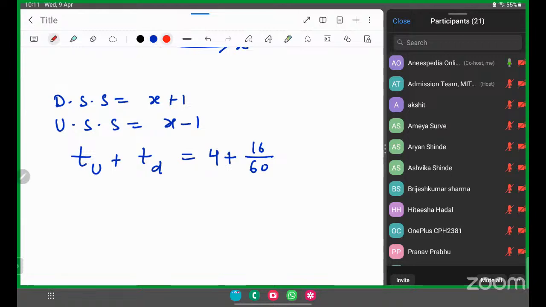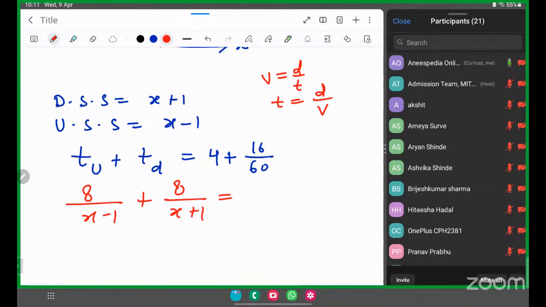Speed is distance by time, so time will be distance by speed. So time taken in upstream will be distance covered in upstream upon upstream speed. Distance covered in upstream is 8 kilometer and upstream speed is x minus 1, plus in case of downstream, distance will be same because it will return to the original location, and speed is x plus 1.